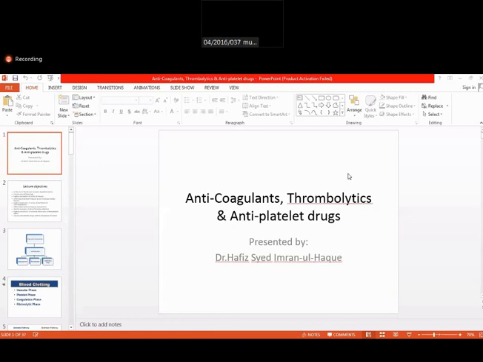Hello. Yes, low molecular weight heparin doesn't cross the placenta. The molecular weight is low, but because it's a polysaccharide compound, it cannot cross the placental barrier. So okay, it has low molecular weight, but due to its charge, it cannot cross the placental barrier.